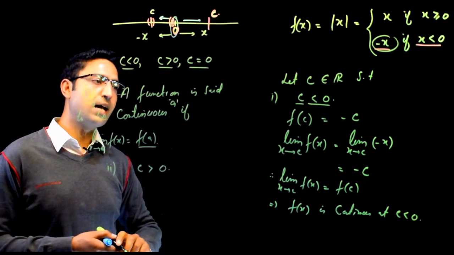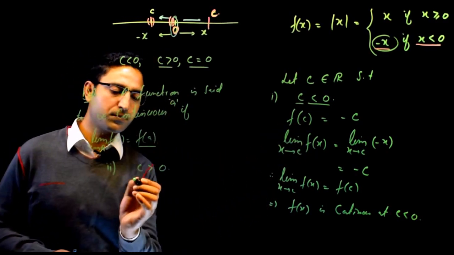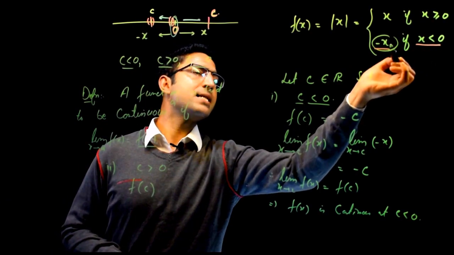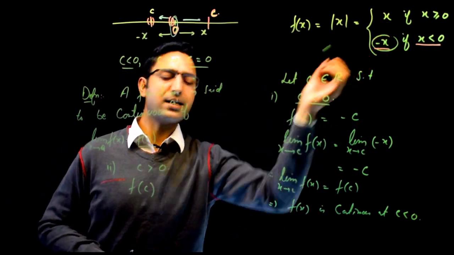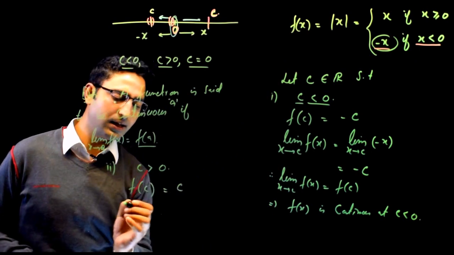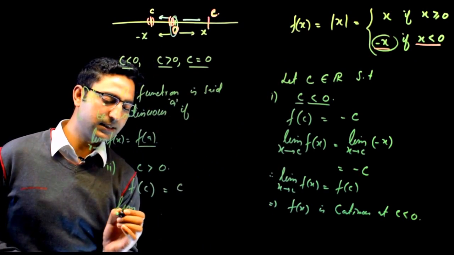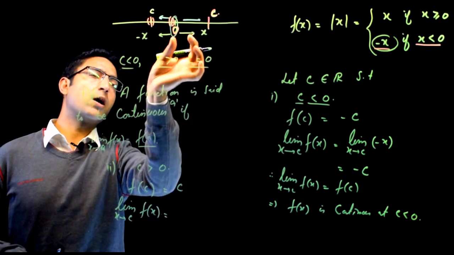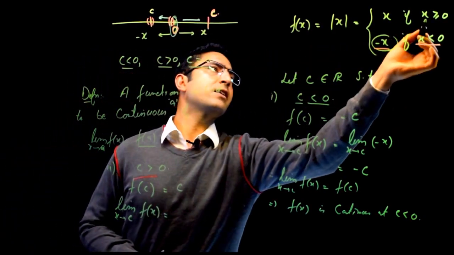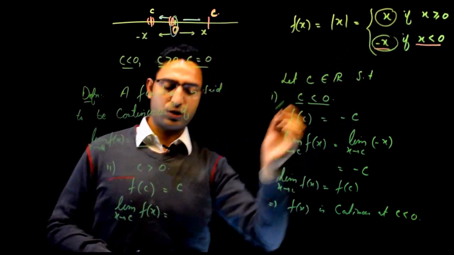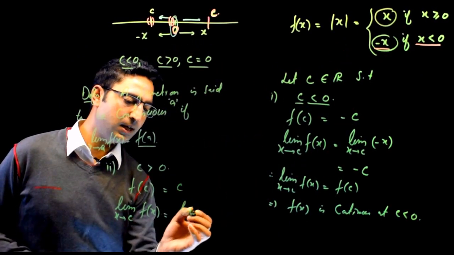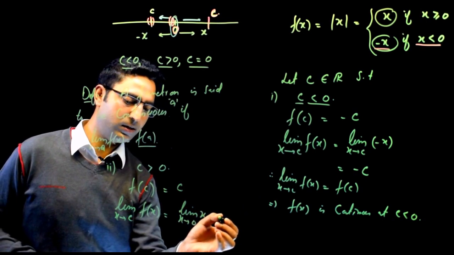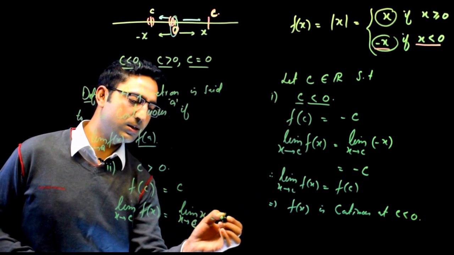In a similar fashion, as I look at f at c, since for x less than 0 it was defined as minus x, but for x greater than 0 it is defined as x, it will be just equal to c, and we'll just take the limit x approaches c of f of x. Since c is now greater than 0, and for everything greater than 0 f of x is defined as x, it will be the limit x approaches c of x, that will be equal to c.